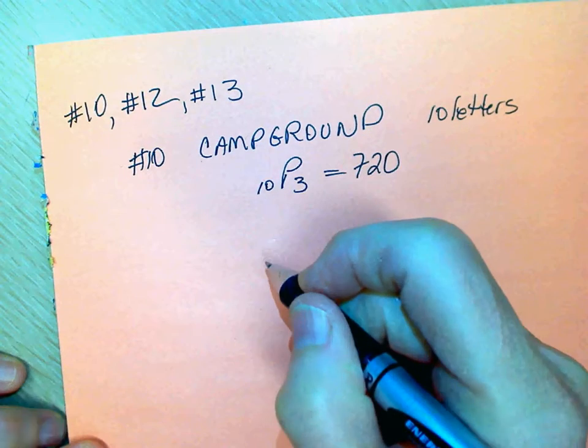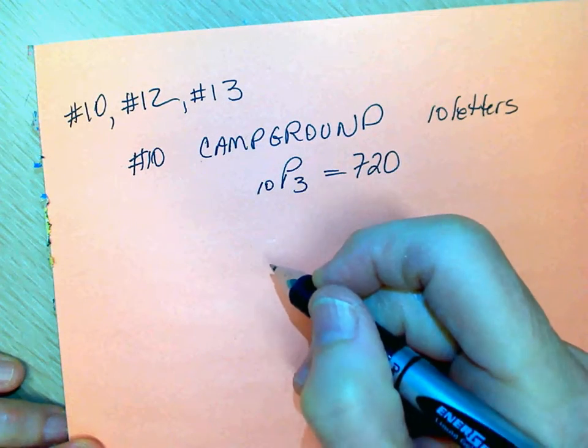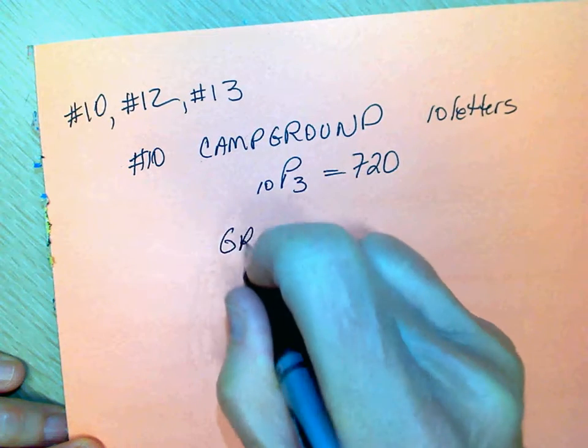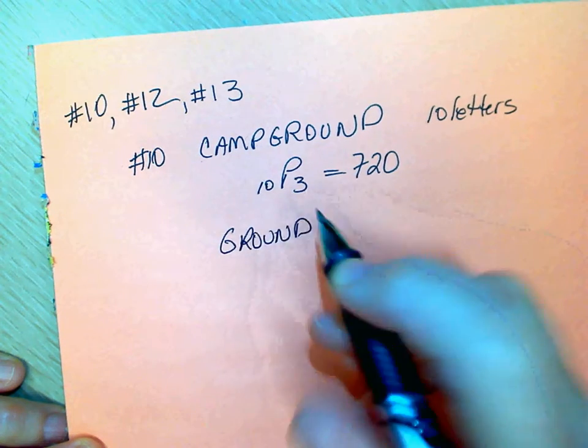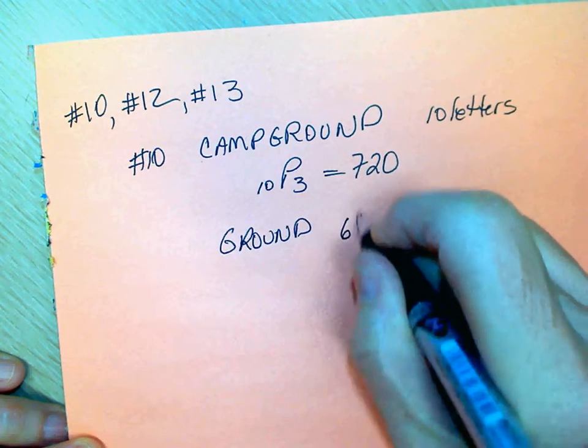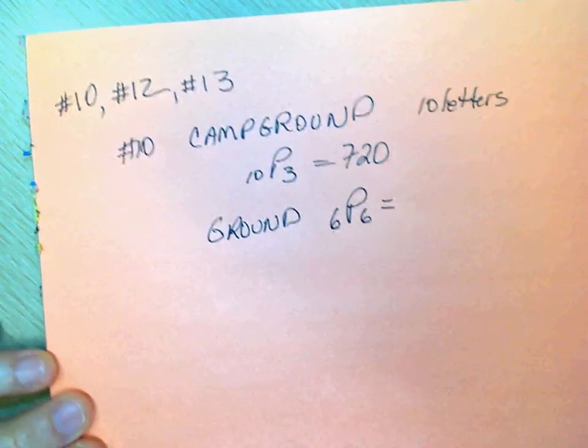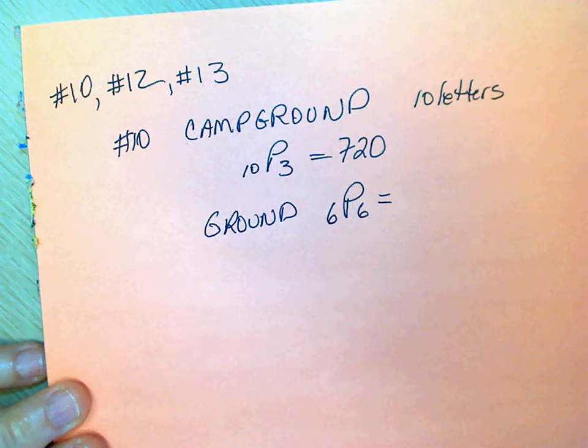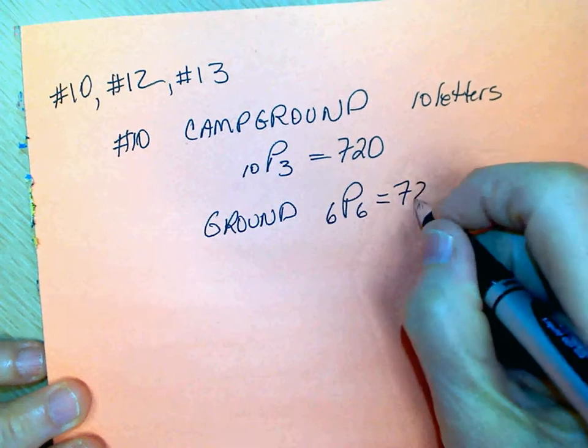Now they say it is the same as the number of permutations in ground. So 1, 2, 3, 4, 5, 6. So now we want all the letters. What is 6P6 equal to? 720.